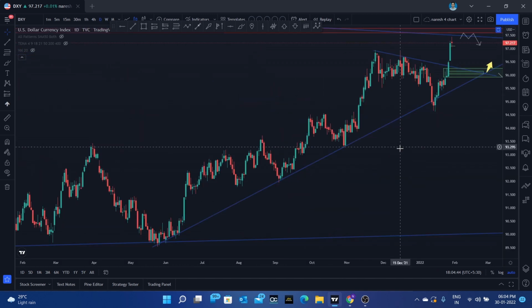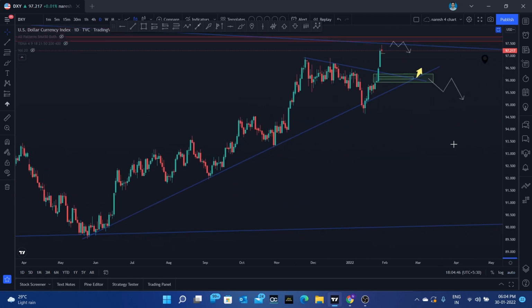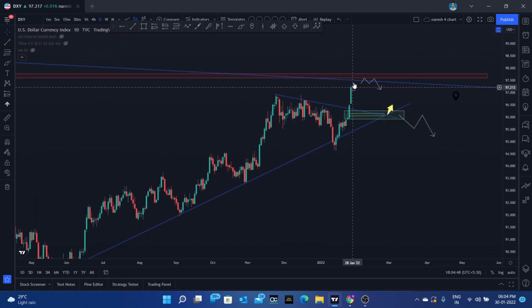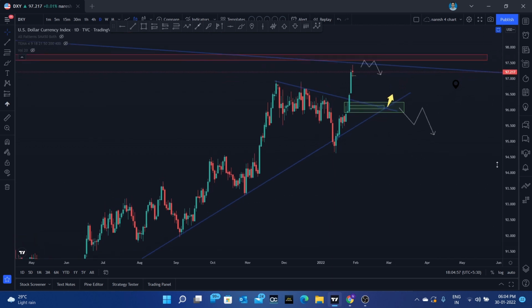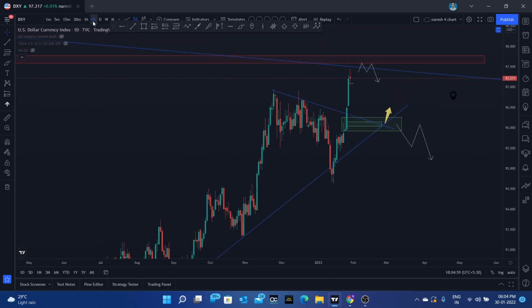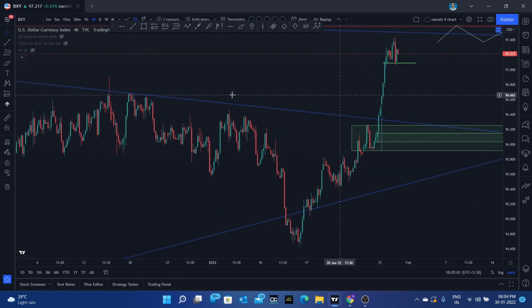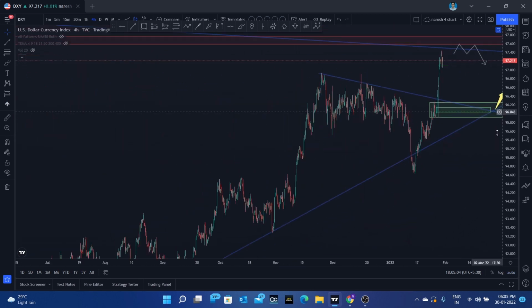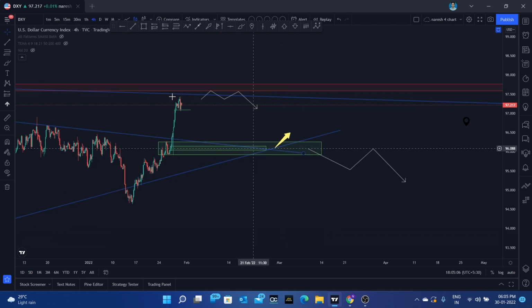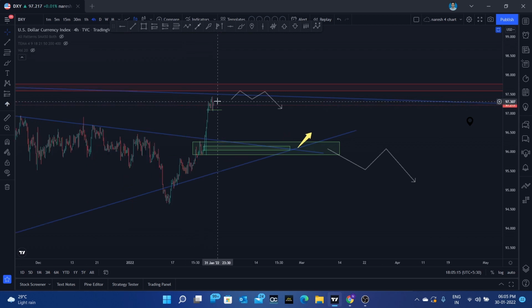So be careful with the long, guys, because even though the momentum is very strong, we can expect a consolidation here, and the price can again drop to this area and then move up again. So my expectation is, in this week you can expect some kind of consolidation in this area or some kind of reversal pattern like a double top or a head and shoulders pattern.